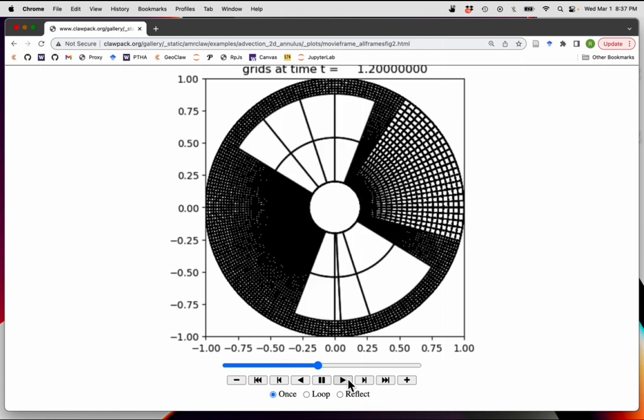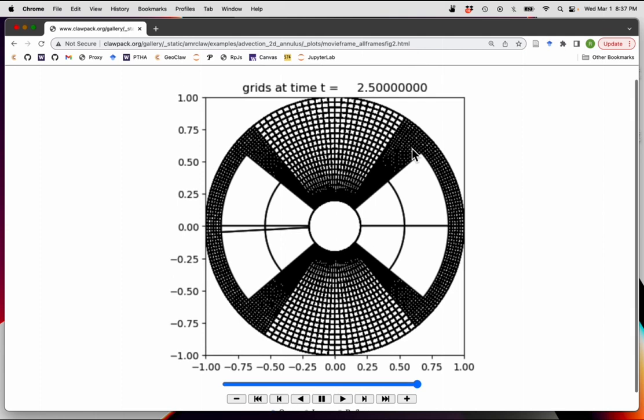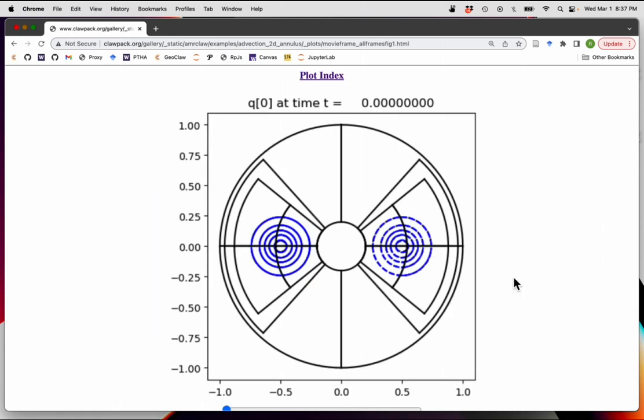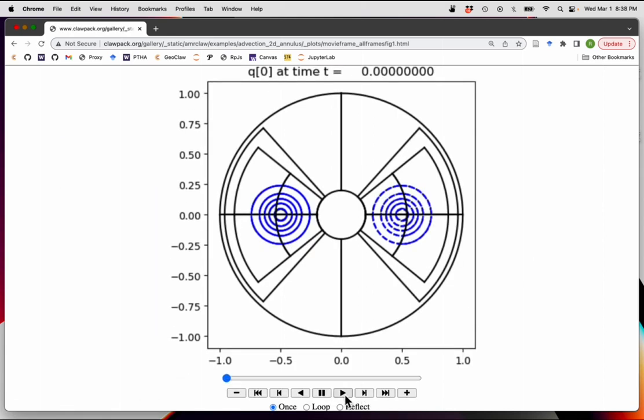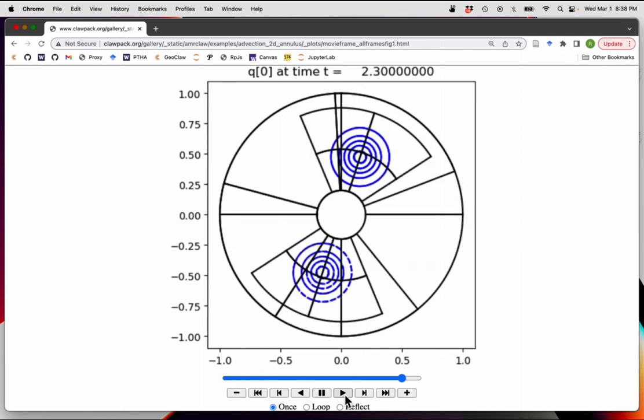So here we're just showing the coordinate grid cells on the coarsest two levels, and then these white patches are a third level of refinement where the grid cells aren't drawn, but they're following the region, these Gaussians. Away from the Gaussians, the solution was constant, and so you don't really need a very fine grid, but in those regions you do. But this was done using exactly the same sort of finite volume method with these transverse solvers, but on this polar coordinate grid. And here's just another picture with contours of the two Gaussians as they rotate around.